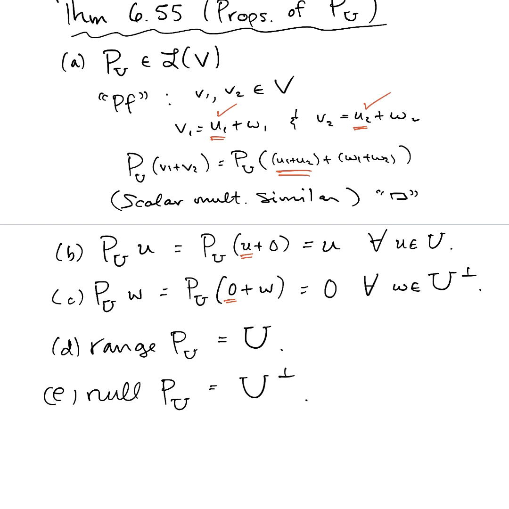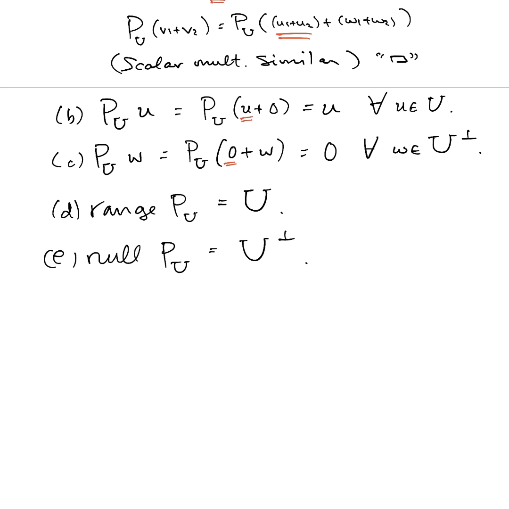Okay, cool. Let's go to F. All right, for any vector V, you write V as u plus w, where u belongs to the red. u is in the subspace big U, and w belongs to the green. w is a member of U perp.